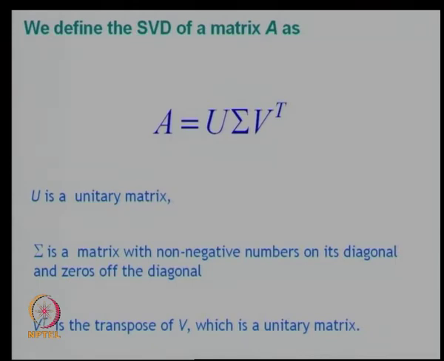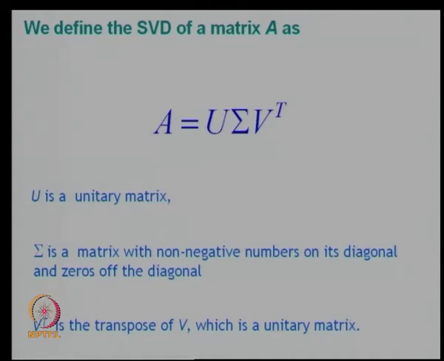So we need the singular value of a matrix A. I wonder if you know what singular value decomposition is. Do you know? No, okay. If you have any matrix A, we can write it as U sigma V transpose. What is the big deal about this?